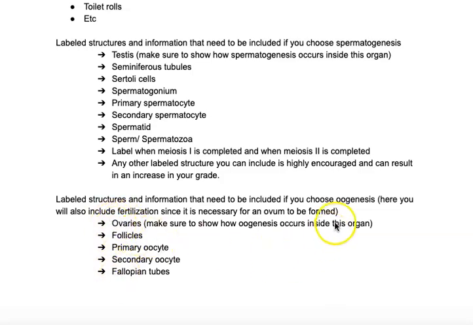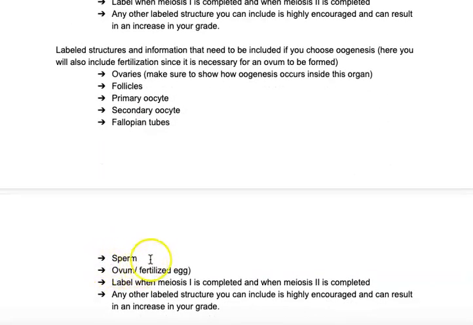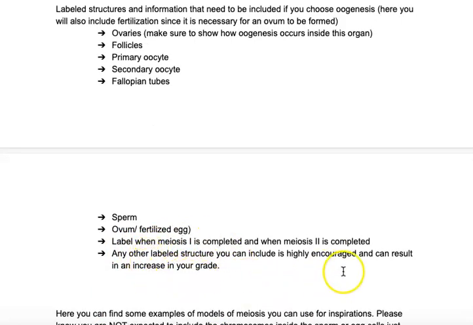Inside the ovaries, you should be including primary oocytes inside follicles that are developing into secondary oocytes, and then through ovulation, the secondary oocyte will go into the fallopian tubes where it will meet the sperm and become an ovum or a fertilized egg. Please make sure to label also when meiosis 1 is completed and meiosis 2 is completed, and any other structure that you can think of is highly encouraged.